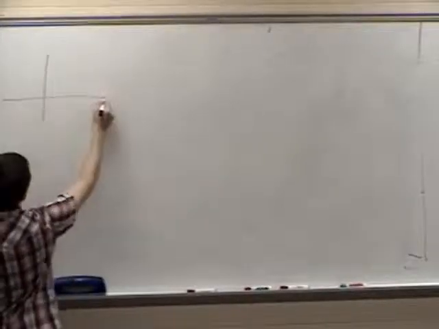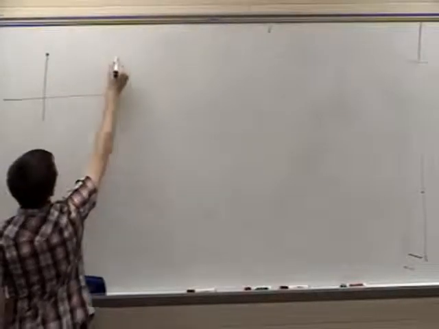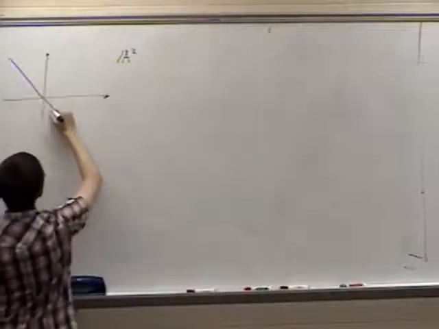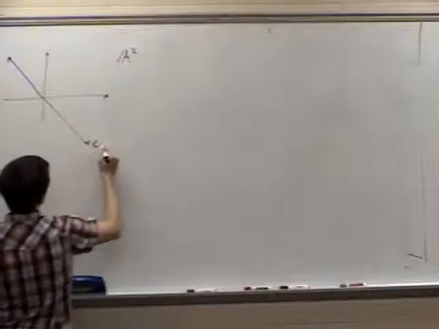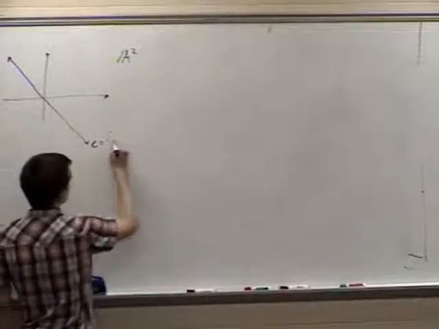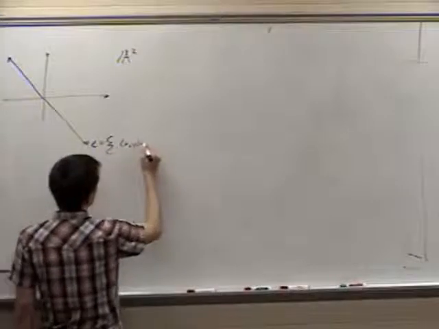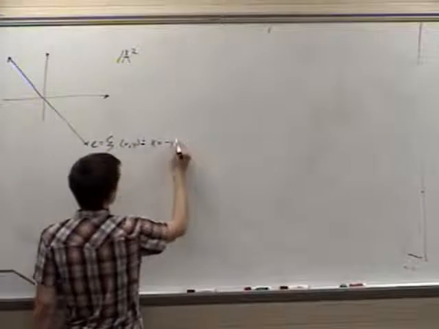So suppose we're just going to work in A2, and suppose I have a line L, which we're going to say is equal to the set of all points x, y such that x equals negative y.